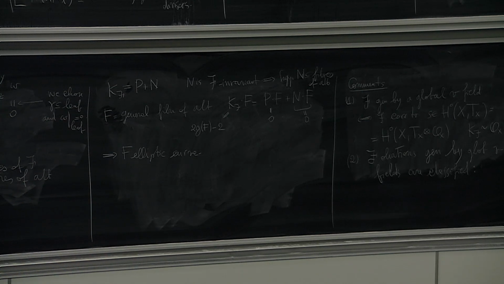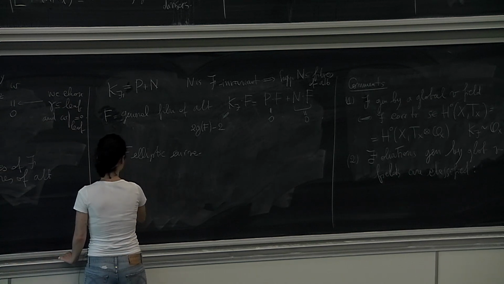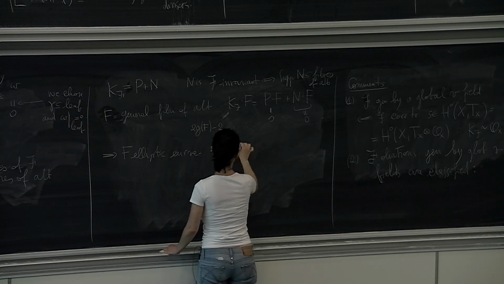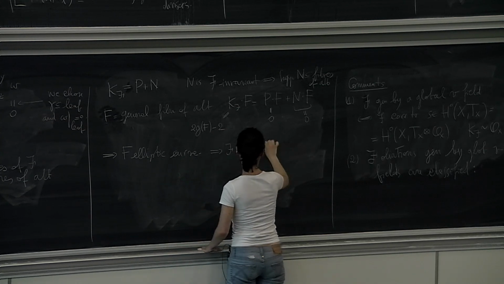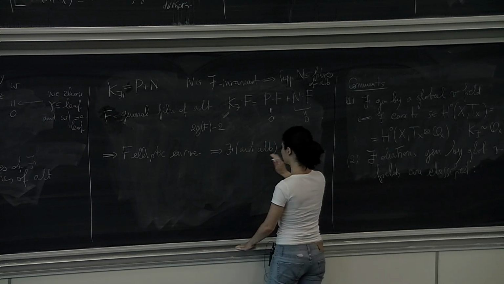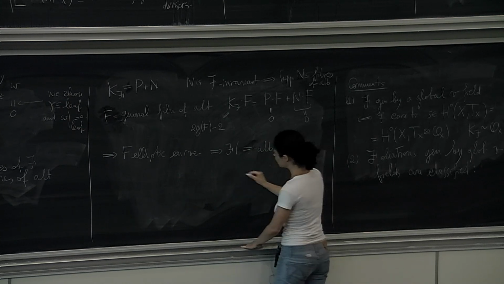And again, using some surface theory, the Albanese map is an elliptic fibration.